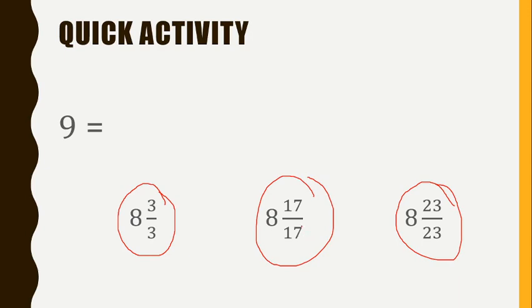If the denominator involved is 17, then you will have 17/17. If the denominator in the question is 23, you can have 23/23. Also, if the denominator involved is 12, for example, you can also have 12/12, right?